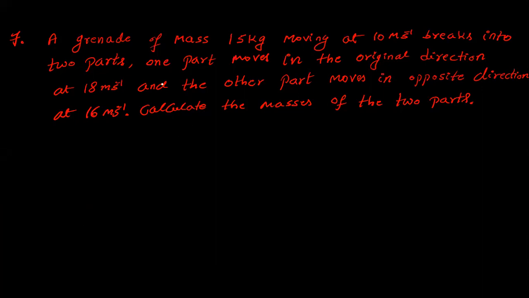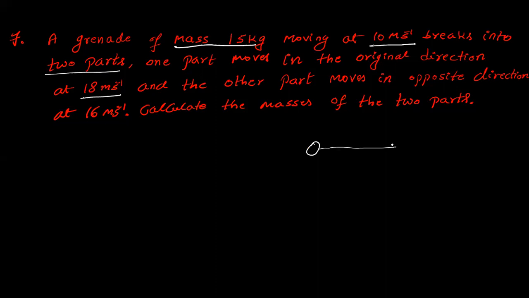Yeah, the next problem again is based on the collision part. A grenade of mass 15 kg, moving at 10 meter per second, breaks into two parts. One part moves in the original direction. It goes straight after blasting.